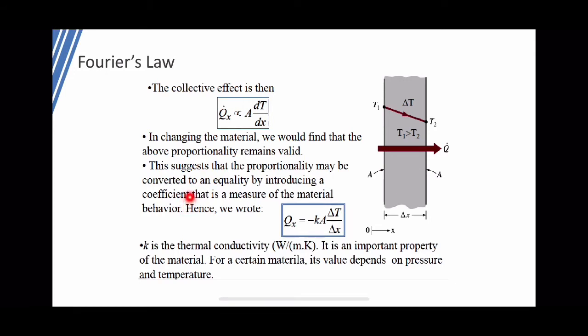And also, if we change this proportionality into an equation, a constant K should be added, and K is called the thermal conductivity, which says that Q will decrease as it goes through the wall, right? The magnitude of Q will decrease as it crosses the wall.